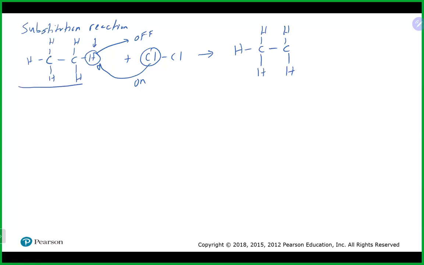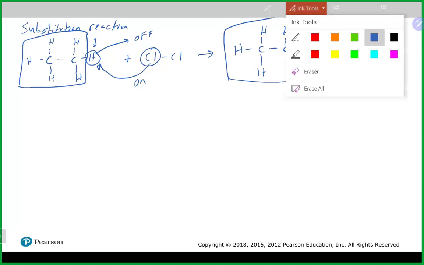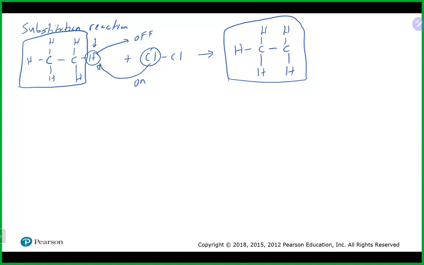Pretty much this entire part of the molecule stays the same. Nothing happens to it. What happens here is a substitution reaction, which means I'm going to throw a chlorine on here. That leaves one chlorine that's by itself and a hydrogen that comes off, and those two come together to make HCl. And this is a substitution reaction.